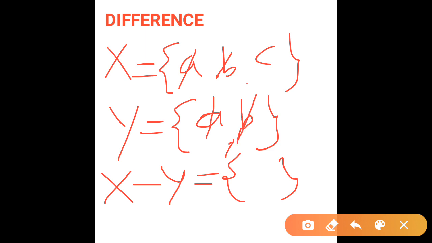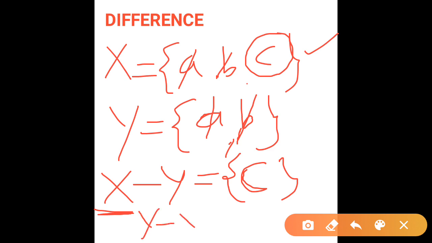So what about the rest of the elements of the first set? First set means here x. So only one element is remaining, that is c, you should write in this set. So x minus y is the answer {c}.